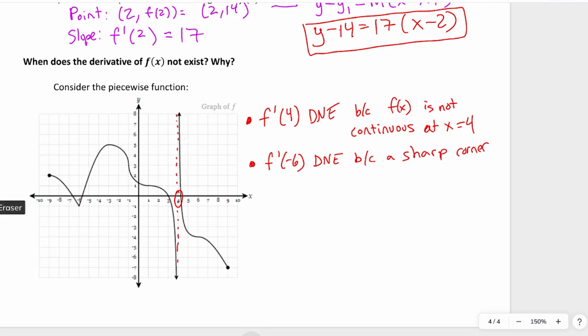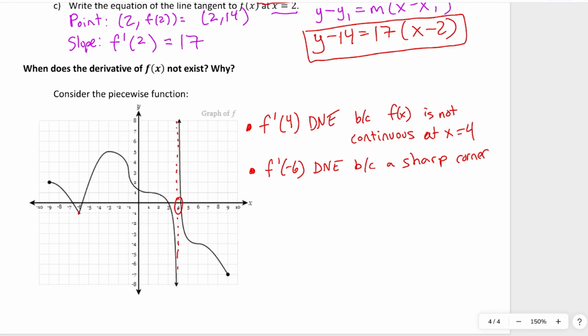Basically, if you have a V-looking thing in your graph where the slope suddenly changes, it doesn't change gradually, but changes instantaneously, without being very curved at all, then we're going to say the slope doesn't exist there. How would you draw a line tangent to a point like this? It's going to be like that or like that or like that. It's really unclear. And so we're going to say for now that it doesn't exist, but we're going to go into detail a little bit more later in the unit. So it's not going to exist at -6.